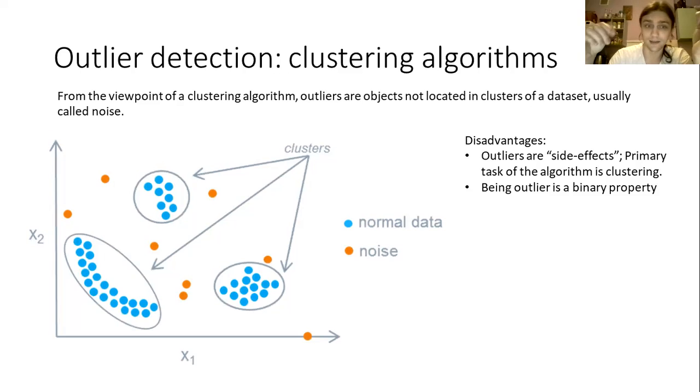That is, either an object in the dataset is an outlier or not. But for many applications, the situation is more complex than binary, and it becomes more meaningful to assign to each object a degree of being an outlier.